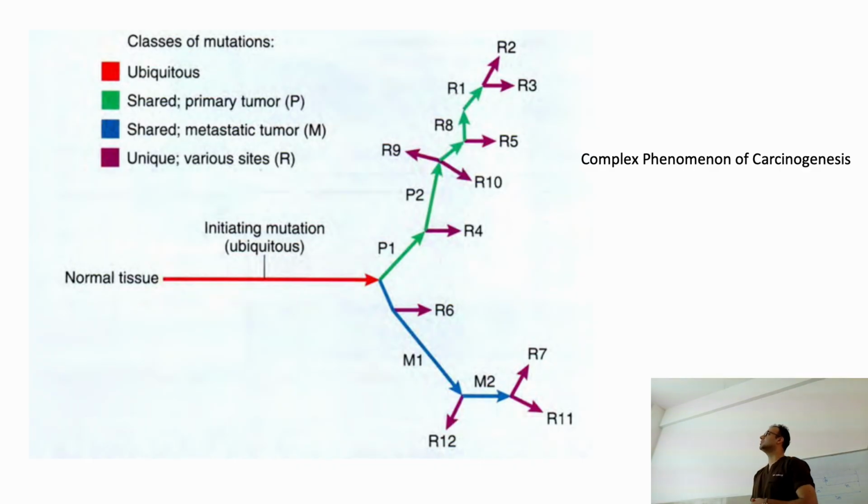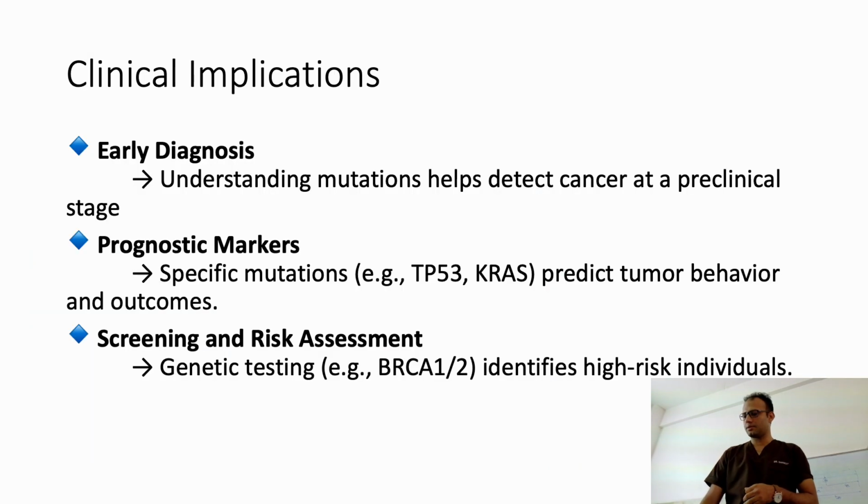You see in R6, R7, R11, there is a unique type of mutation in the various sites, which means a metastasized tumor can be different from the primary tumor because of the clone and subclone theory. That theory also explains why metastasized tumors have a different hormone status, even in breast cancer and some other solid tumors.